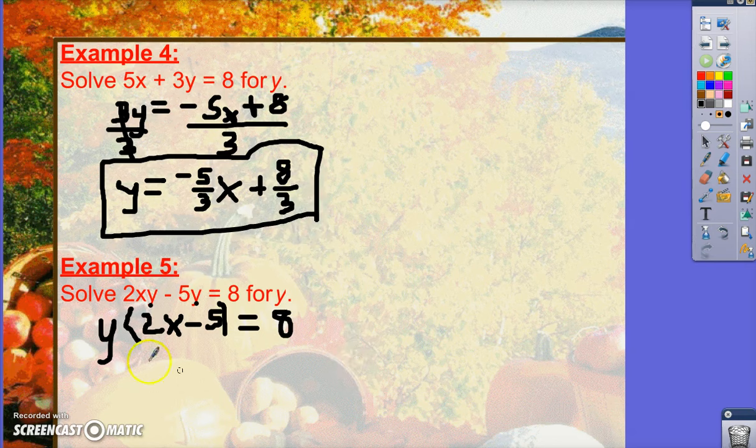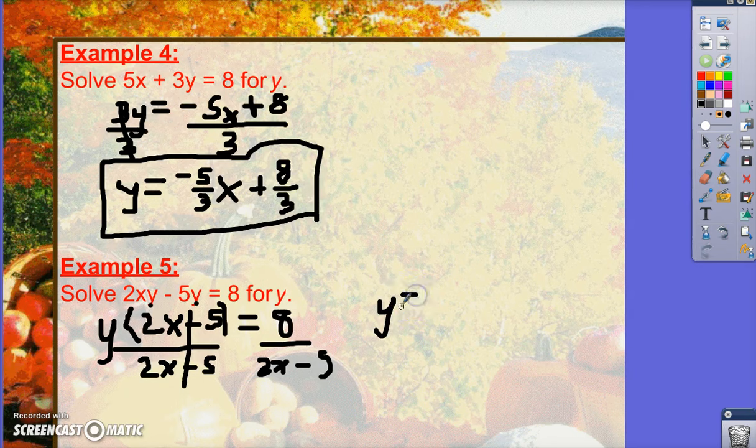Y is being times by that quantity, so to get y by itself, I have to divide by the parenthesis, which is 2x minus 5. So let's do that to both sides. All right. Now, last but not least, we have y by itself. So here's how I'm going to write it, and I'll explain why. Keep the 8, so y equals 8 over 2x minus 5.